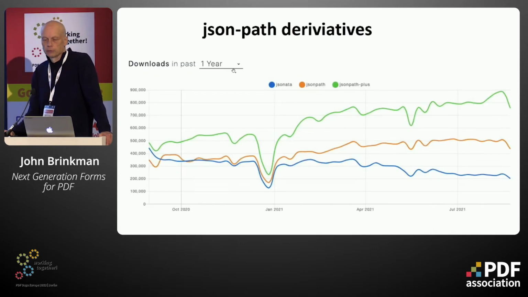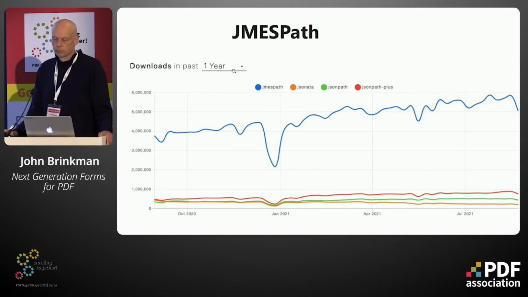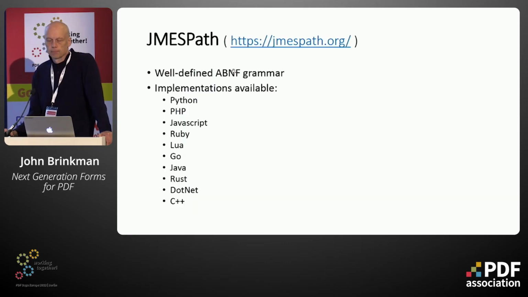There are a bunch of open source JSON path derivatives available out there that we looked at. But there's one that kind of dwarfs the others in terms of its adoption. I think it's skewed slightly because it's being bundled with AWS, but nonetheless, JMESPath turned out to be our choice. You can go and explore the site.